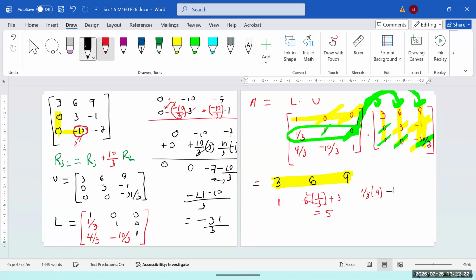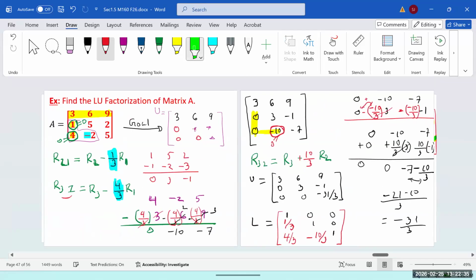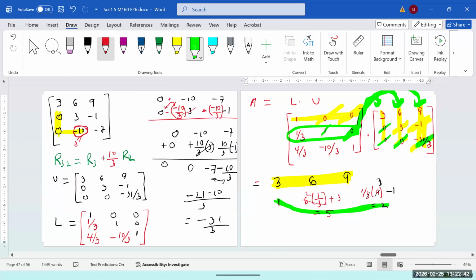Now 1/3 of 9 is 3, and 3 minus 1 gives us 2. So the second row is 1, 5, 2. Do we have that? 1, 5, 2. So we have 1, 3, 6, 9, 1, 5, 2. So 2 rows we got correct.